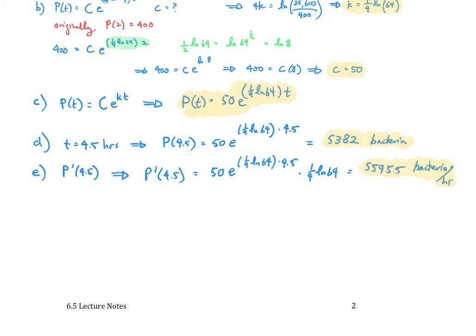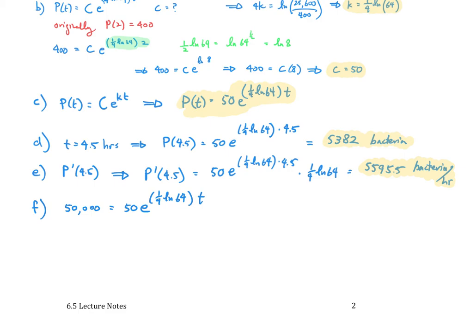So for part F, we have 50,000 equals 50 e to the 1/4 natural log of 64 all times t, and we need to solve this.